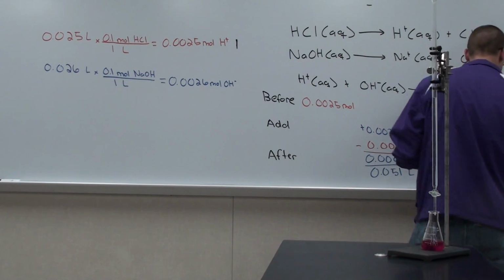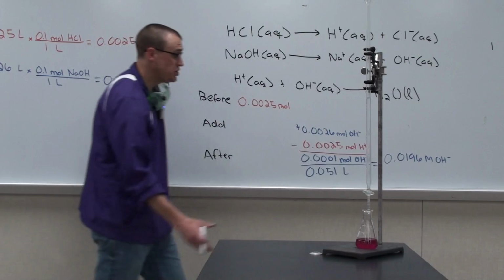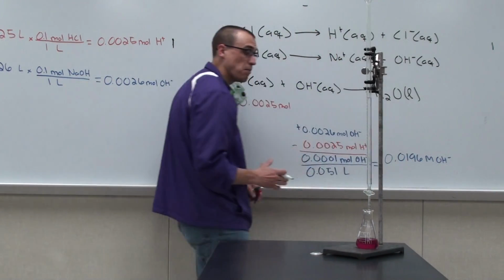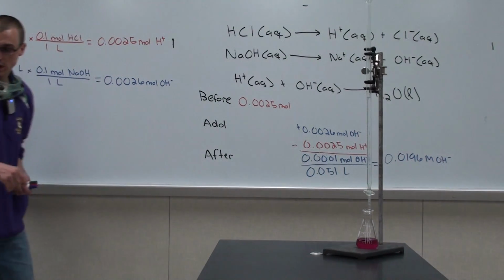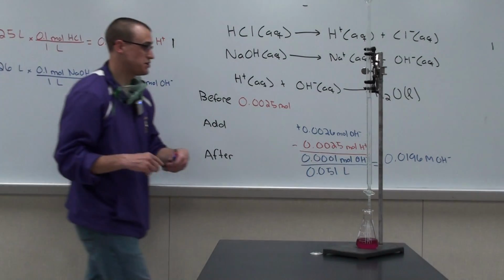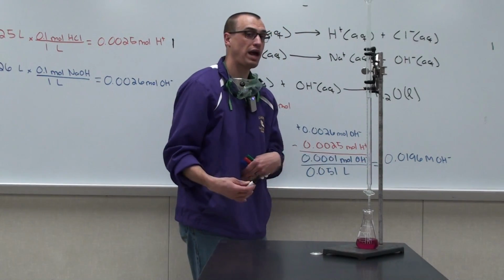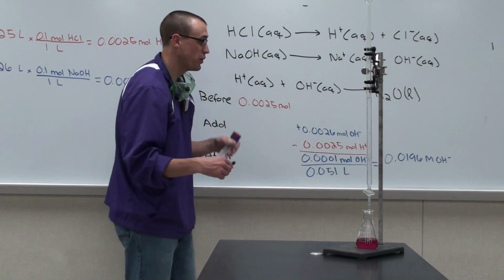Now, this is our molarity of OH minus. What we can do with our molarity of OH minus is put it into the pOH formula. The pOH formula is the same as the formula we use for pH, except that we have a strong base, so we use the concentration of OH minus.